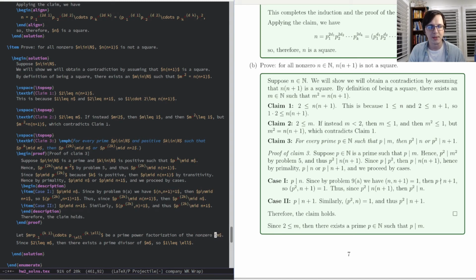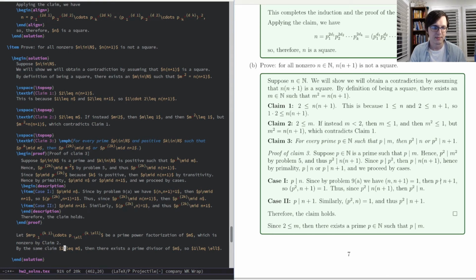And we also want m to be non-zero, which is non-zero by claim 2. By the same claim, okay, it's non-zero since that.